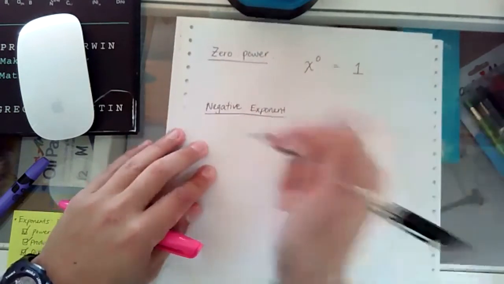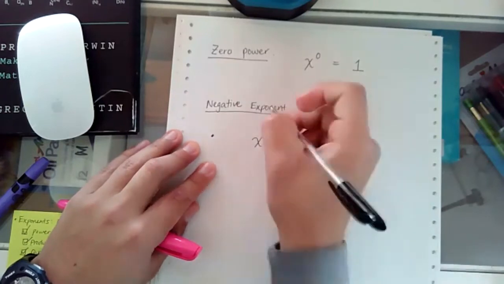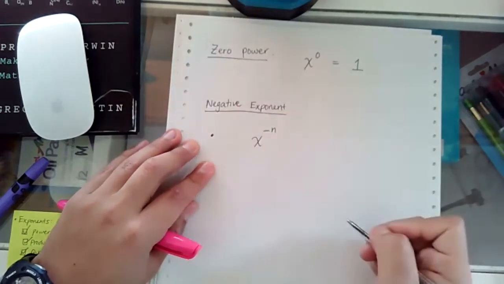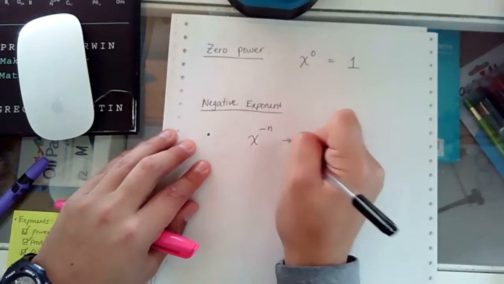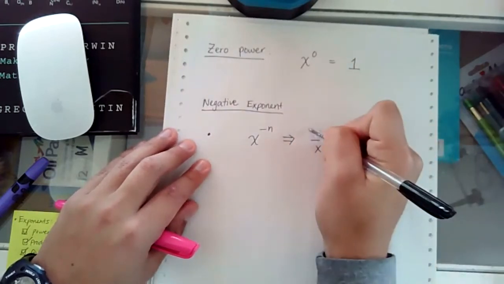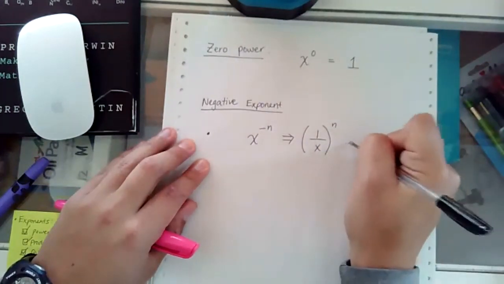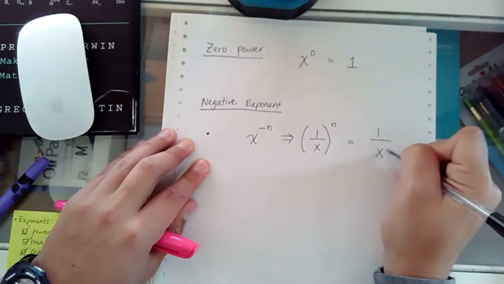is, you can think of it 2 ways. One is that if you just have a whole number raised to a negative exponent, you should flip it to the reciprocal and then apply the exponent. So you'll have 1/x to the n.